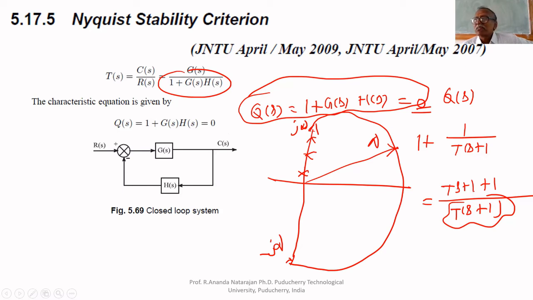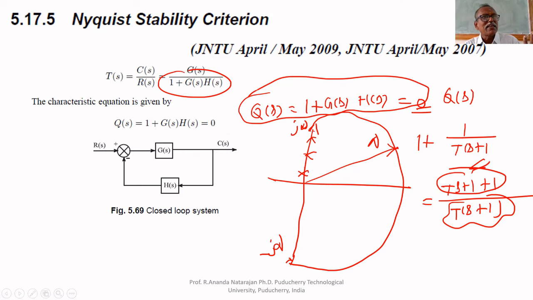Because so far we have seen that the pole should not be on the right hand side. But for Q of S, that is 1 plus G of S, H of S, the numerator is the denominator polynomial. Take the LCM and equate to 0. This becomes the numerator only. Characteristic polynomial means numerator only. What is the characteristic polynomial?